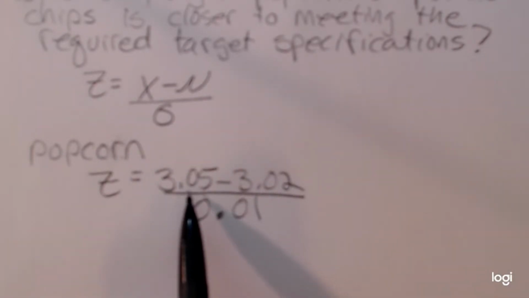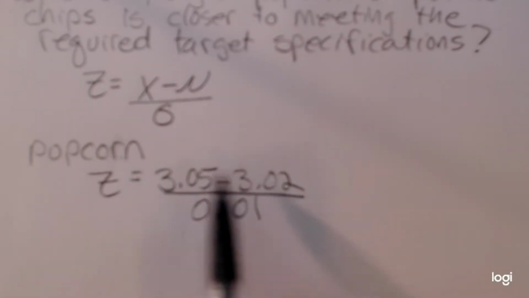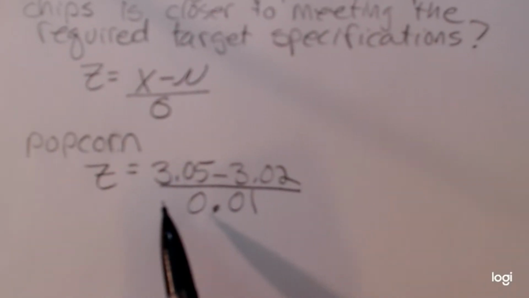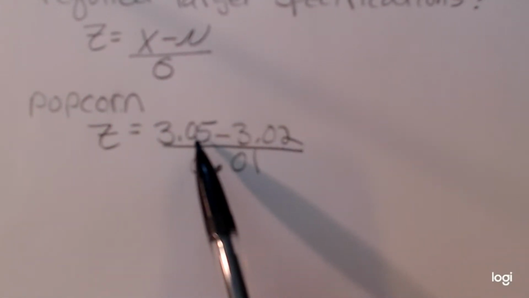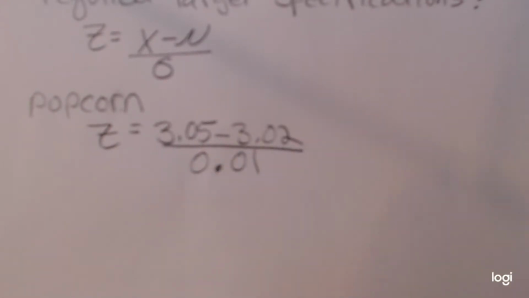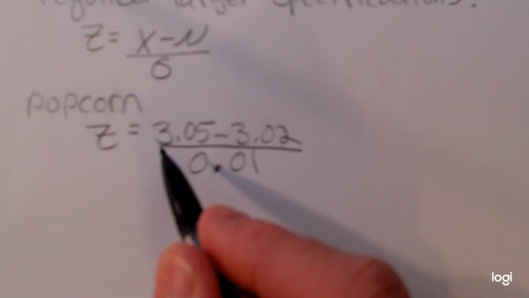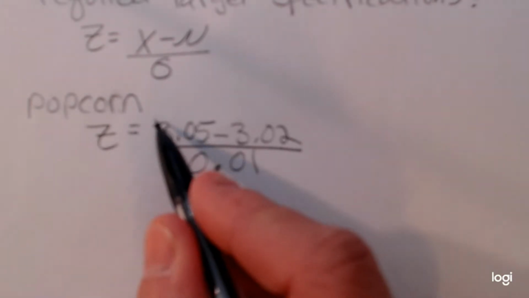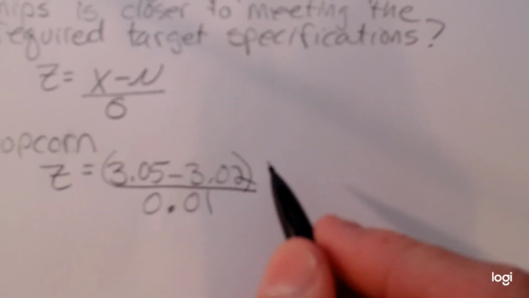Now notice, because our observation is above the mean, this numerator will be positive, so I expect this z-score to be positive. If you get an observation that is below the mean, then you should expect your z-score to be negative. So inputting into the calculator, if you want to do this all in one step, I strongly suggest using parentheses around the numerator expression.